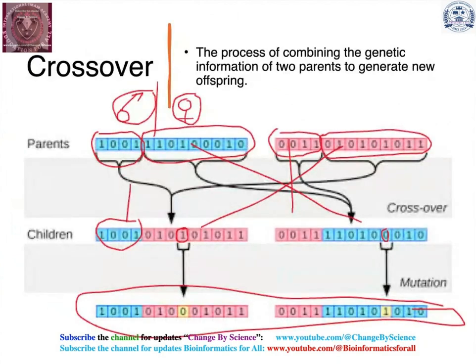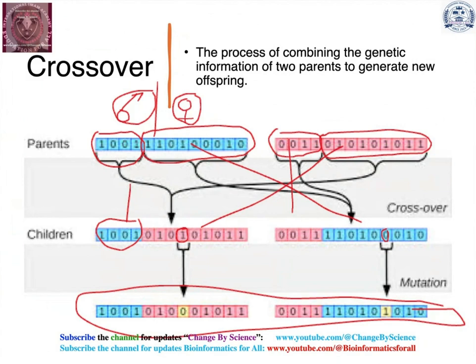Now it comes to crossover. This is very similar to the crossover in biology. So the process of combining the genetic information of two parents to generate new offspring is basically the crossover. And here you can see the parents and the children, how the crossover comes to the children.